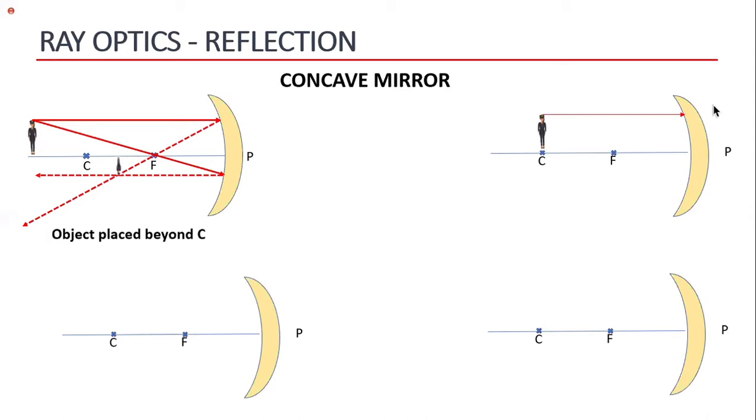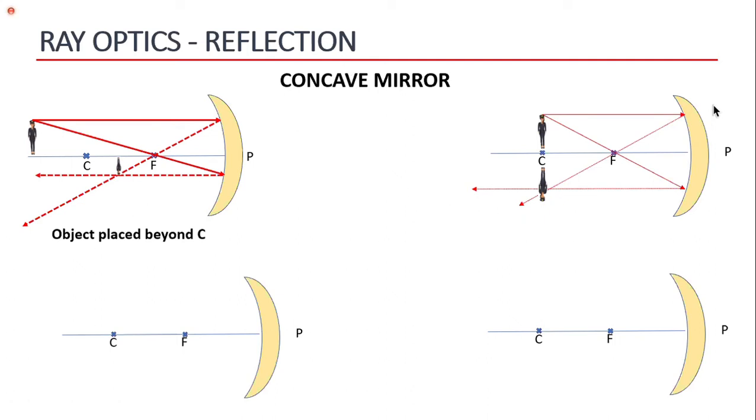A ray parallel to the principal axis will go through your focal point. And then a ray going through your focus will go parallel to the principal axis. So your image is formed at the center of curvature, inverted and the same size.